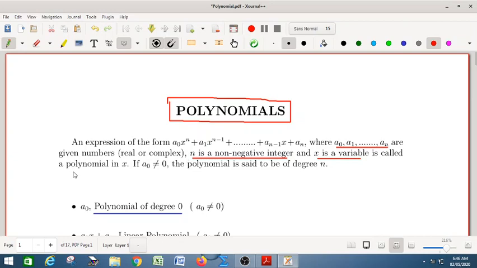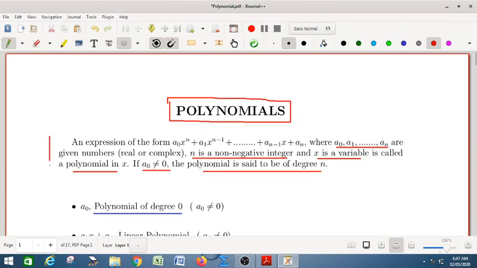Then this expression is called a polynomial in x, provided that a0 should not be 0, because a0 is the coefficient of the leading term, that is x to the power n, the highest power. x has the highest power, so the leading coefficient should not be 0. Then the polynomial is said to have degree n.